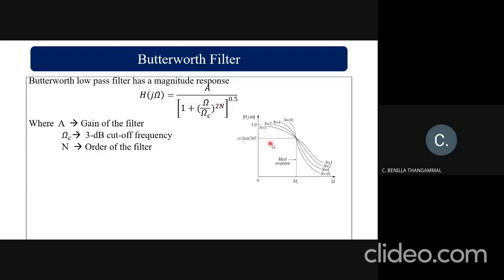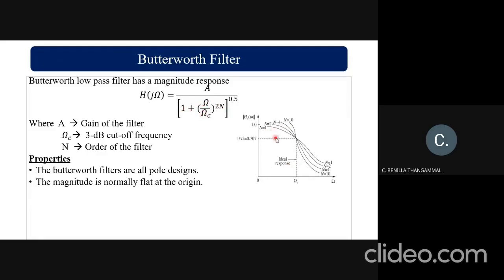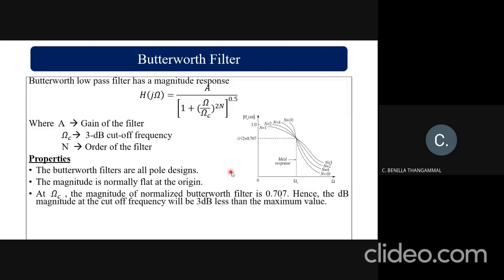So the magnitude response looks this way. This is going to be the ideal response, and if you go on increasing the value of n, that is the order of the filter, you'll get a more appropriate response. Normally Butterworth filters are all pole designs, and they are maximally flat at the origin. At ωc, the normalized Butterworth response will be 0.707, that is minus 3 dB, less than the maximum value.